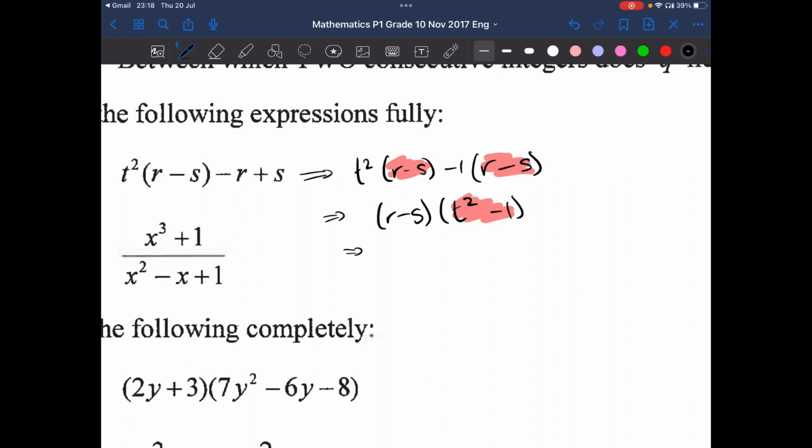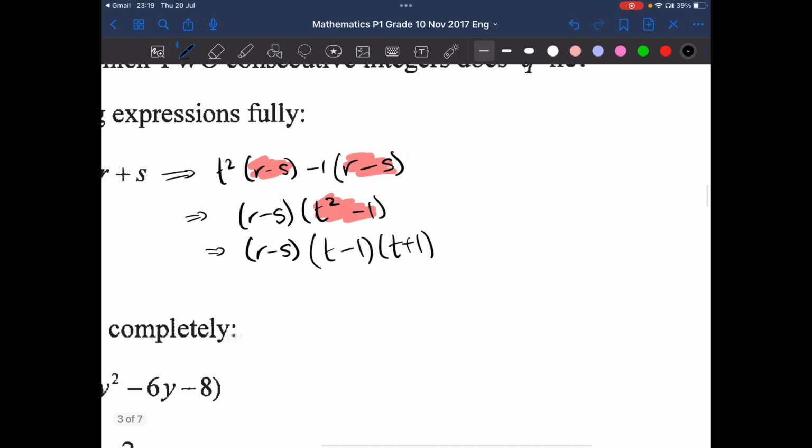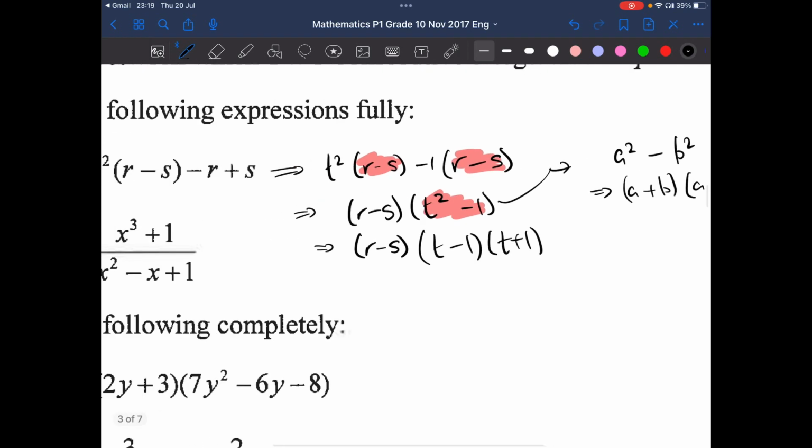T squared is a square, and 1 is a perfect square as well, because 1 squared is 1. So I can write that as r minus s, and then t minus 1, t plus 1. Remember, for difference of two squares, say a squared minus b squared, that becomes a plus b, a minus b. So we did the same thing with t squared minus 1, and that's the final answer here.